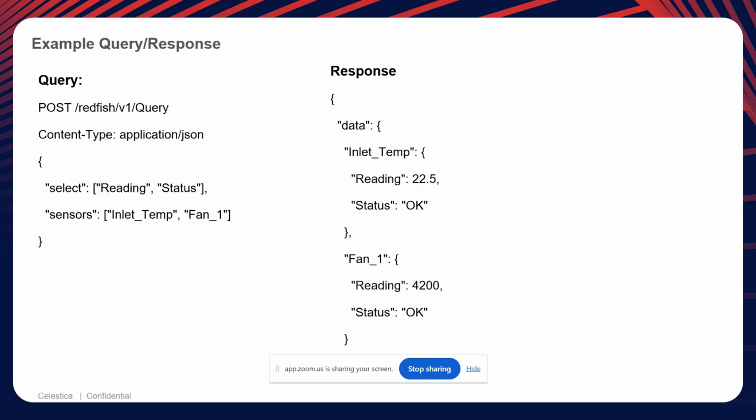I just put in a sample query and response. Like I could say, hey, from these two sensors, I need the reading and I need the status. It's a consolidated request, and the response will again be a JSON that tells you, on this specific sensor, what is the reading and what is the status.